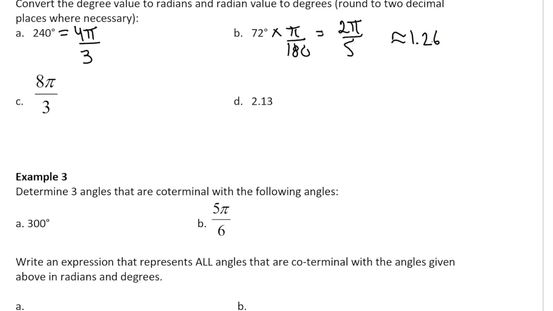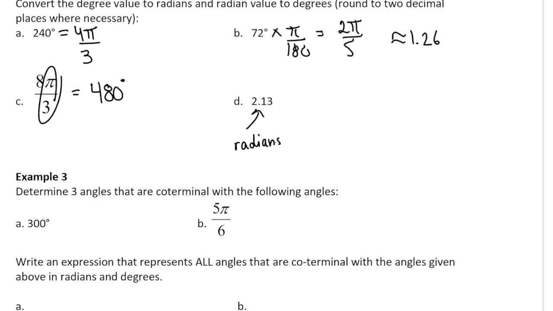8 pi over 3. Well, I'm going to try and use the method that we did before. Pi over 3 is 60 degrees, and if I have 8 of those, I'm going to have 480 degrees. 2.13. Now, because there's no degree sign, we know that this is measuring in radians, and there is no pi in it. It's just 2.13 radians.